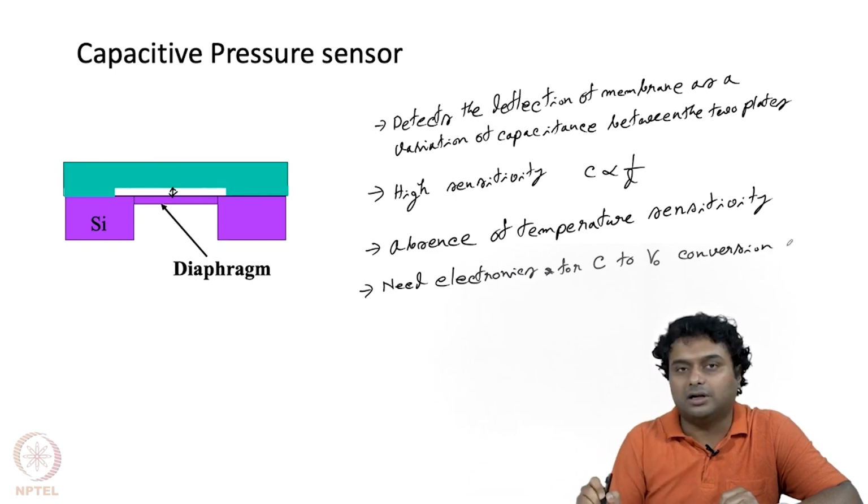So, we need to connect some kind of electronic circuit which will convert the capacitance to output voltage.